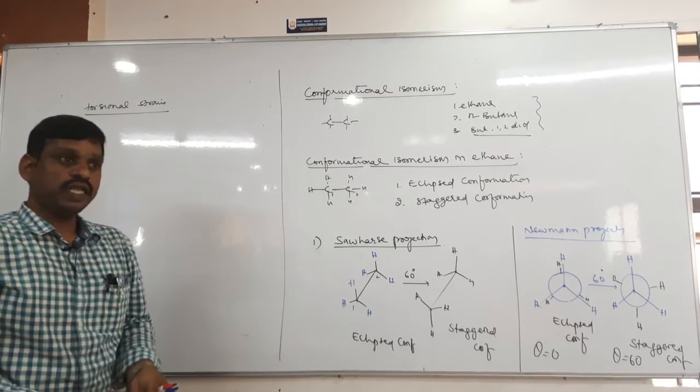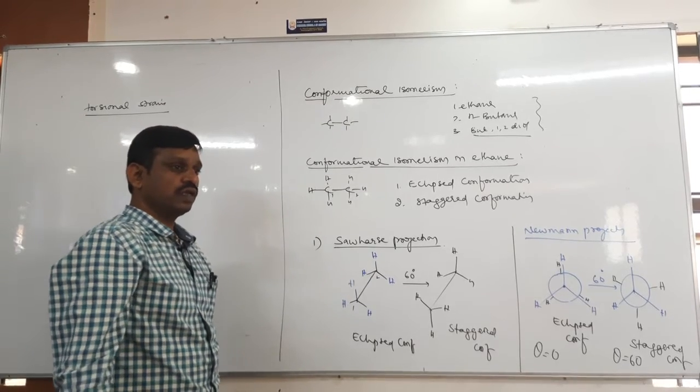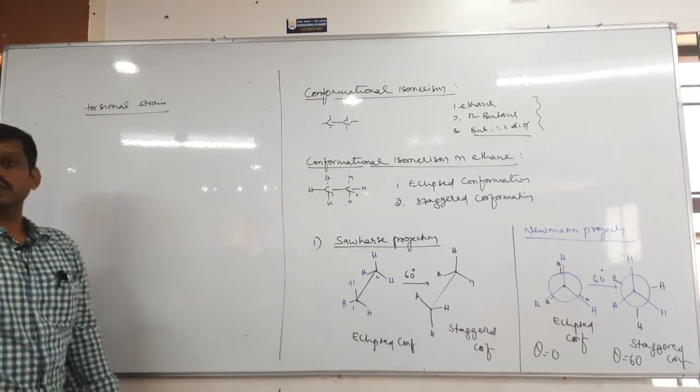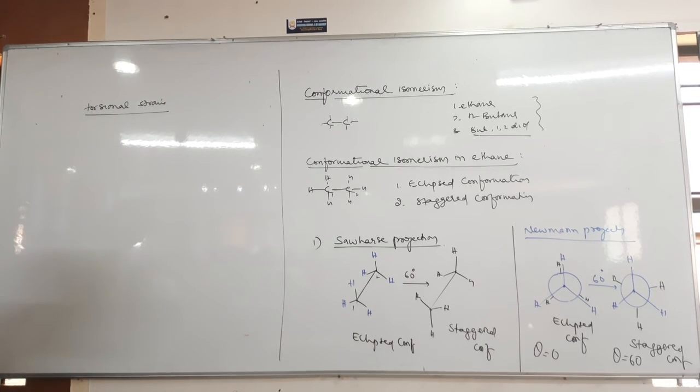In ethane, by rotating the carbon-carbon single bond, it forms an infinite number of conformational isomers, out of which two are important.